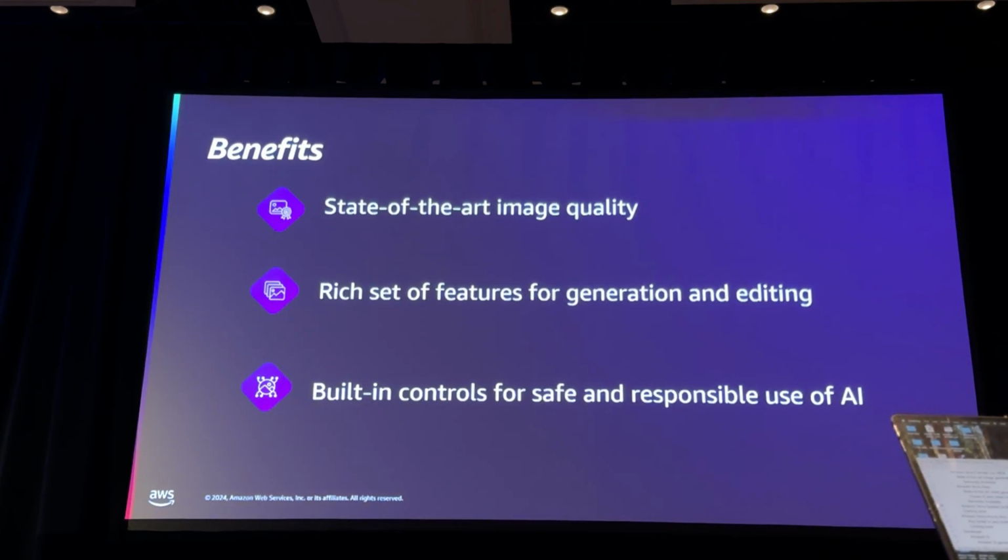We provide more than 10 APIs for customers to generate images, and again, I'm going to dive deeper into it, but we provide a very rich set of features for you to not just generate images from text, but also control how you generate those images. And we have built-in controls for safe and responsible use of AI, so that as an enterprise, you don't have to worry about the final output. We take care of all of that.